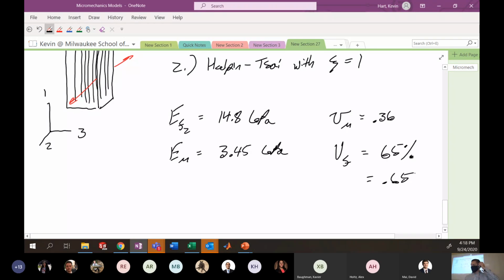If we assume a solid composite without any voids, what does that mean my matrix volume fraction is? If I have 65% fibers, how much matrix do I have? 35%. You can maybe just write that straight away. Don't confuse Poisson's ratio nu_m with volume fraction V_m, all right?